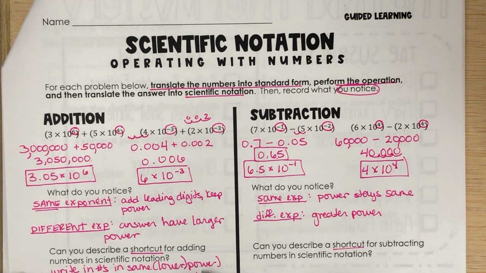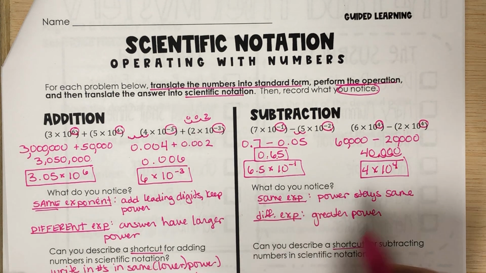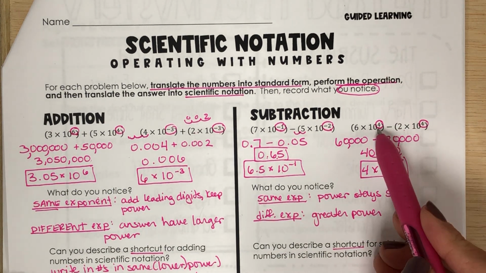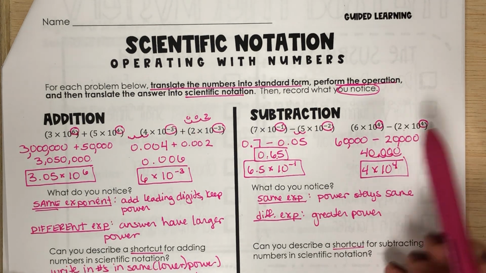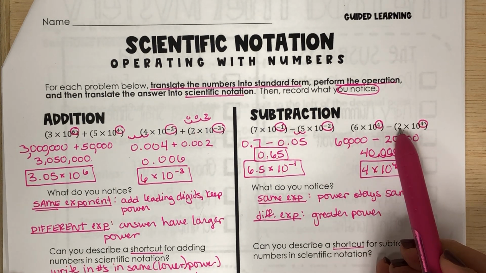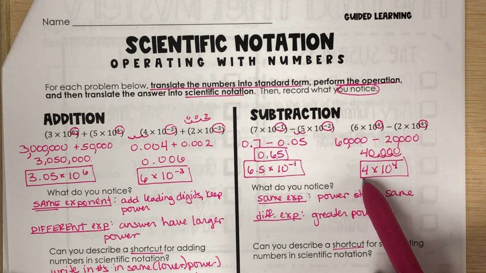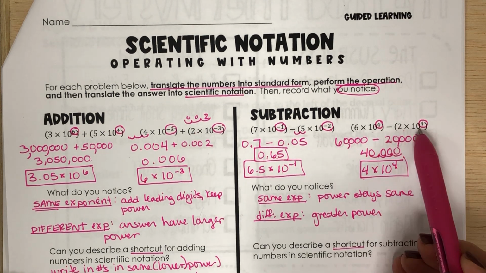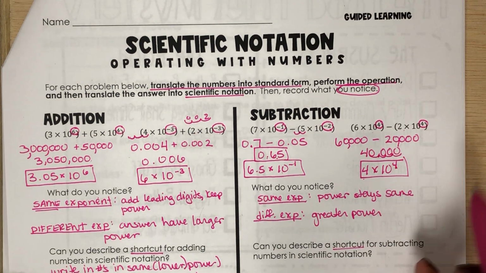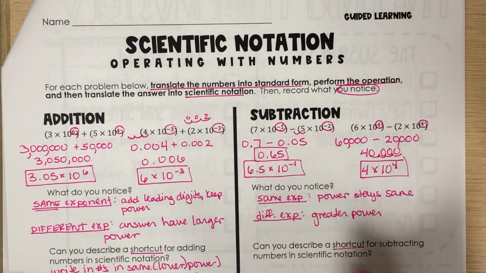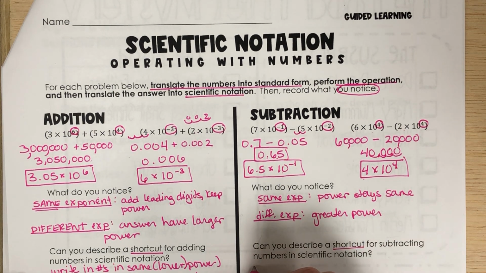It's going to be pretty similar to what we had for adding. Let's see. If we are basically subtracting the same powers, well, that's nice, because we just have to subtract the leading digits. 6 minus 2 is 4, and then just keep that common power, 10 to the 4th. So that's nice. But if they're different, we can do the same thing that we did here.